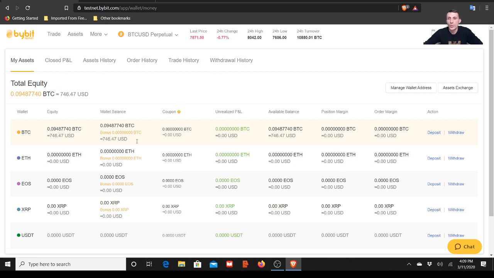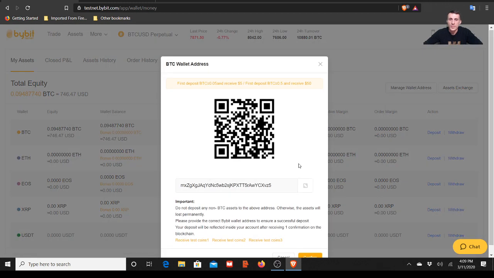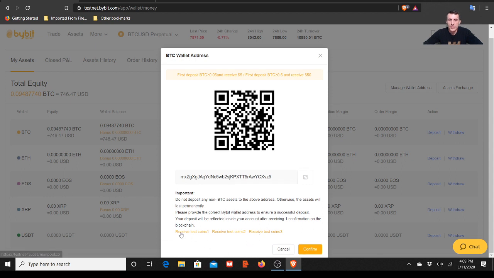And how you are going to deposit Play Bitcoin in here is you will just go to the deposit button and then scroll down a little bit, and you're going to go down to the bottom where it says receive test coins 1, and then there's a 2 and then 3. You're going to copy your address, and then you are going to click one of these.